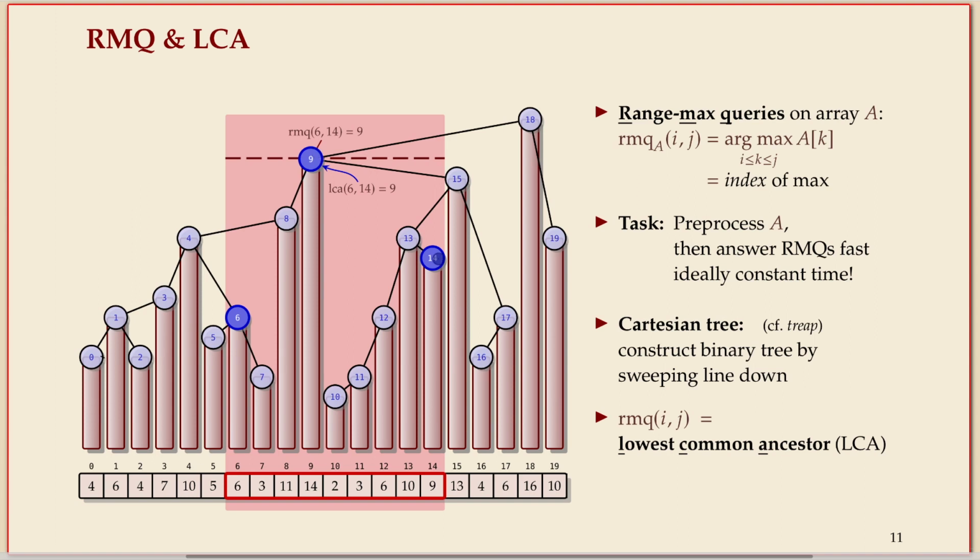And in a way, the reason why that is the case, if you walk up from this vertex, you eventually have to reach the root. And whenever you walk up, you go to a position with a higher number, a taller pole. At some point, we have to end up in the root.